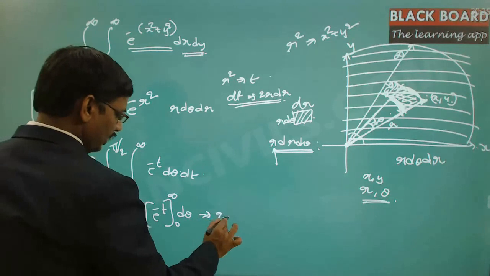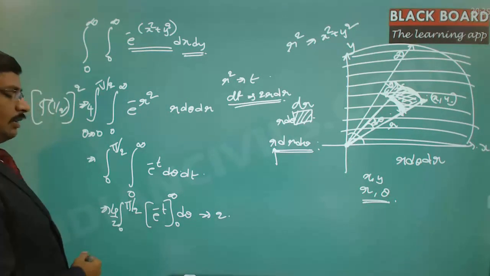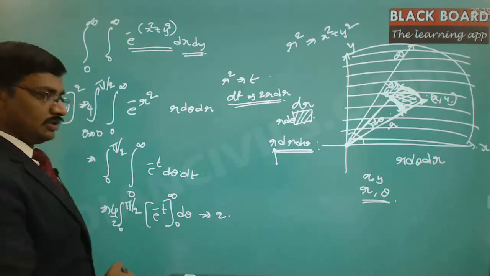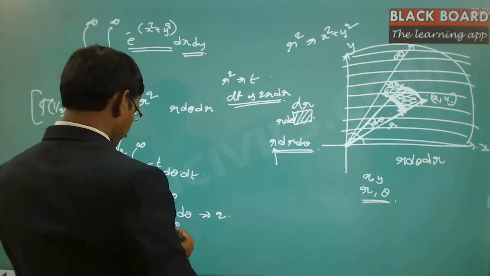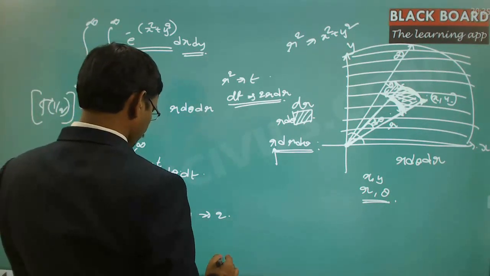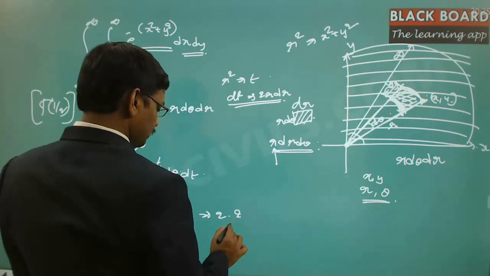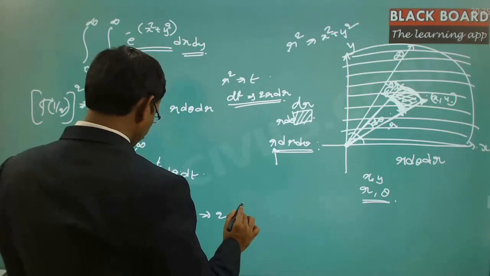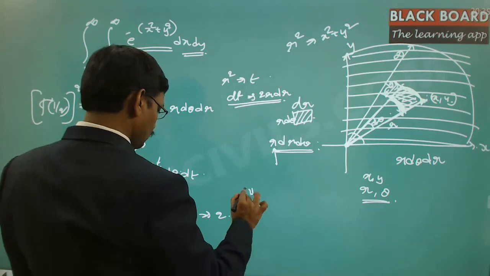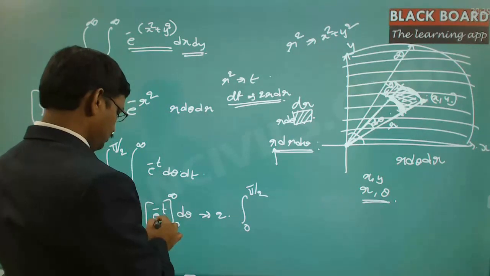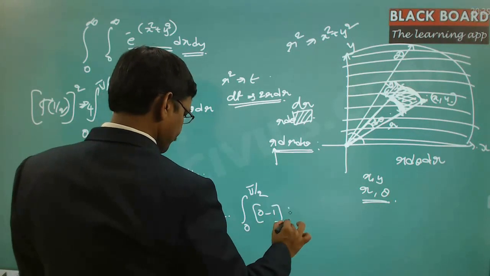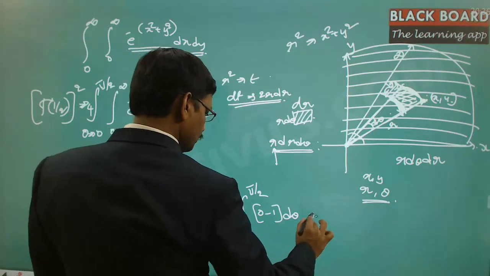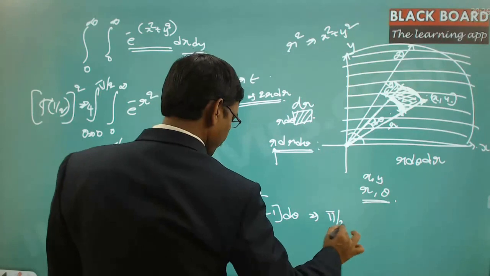So this is 2 times e power minus t, upper limit 0 and lower limit minus 1. So this is going to be 2 times the integral 0 to pi by 2 d theta. So this is going to be pi by 2 into 2.